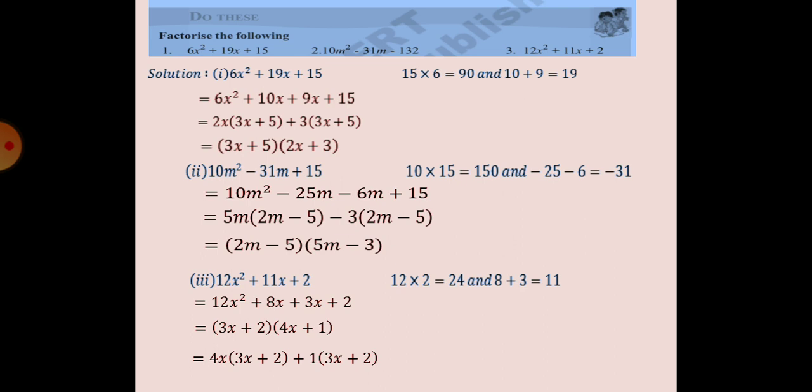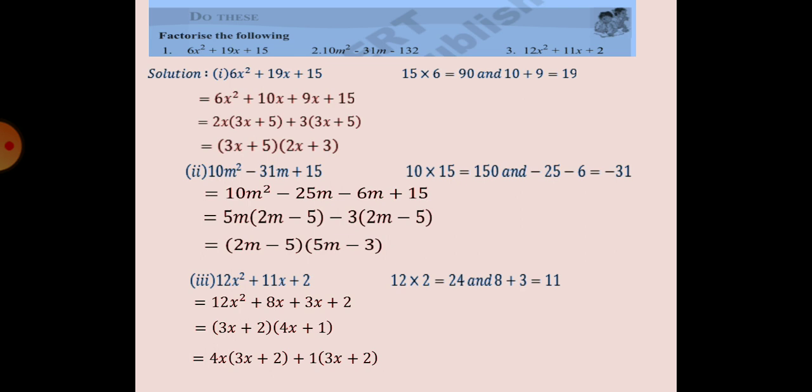We will multiply the coefficient of x square with the constant term, that is 15 into 6 is 90, and we will find the factors of 90 such that the sum will give the middle term. 15 6s are 90 and 10 9s are also 90, children, where 10 plus 9 gives 19. So instead of 19, remaining all terms I am keeping as they are.